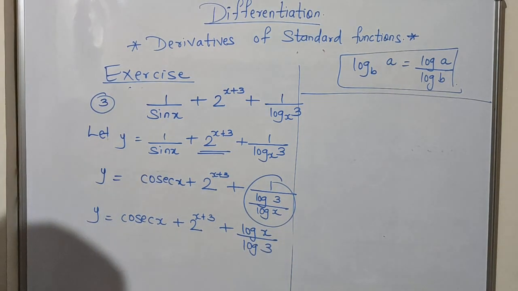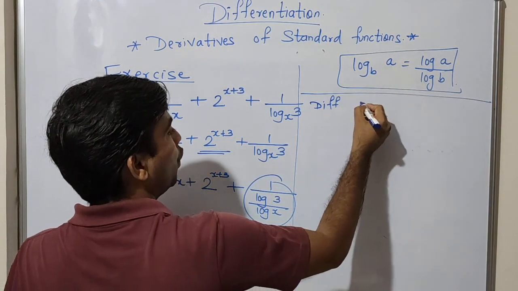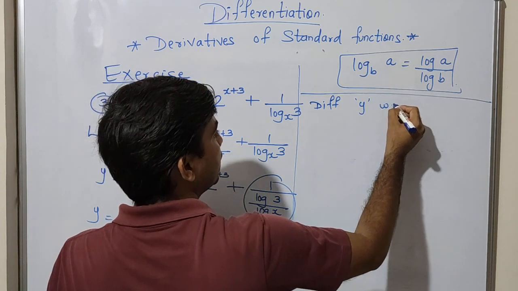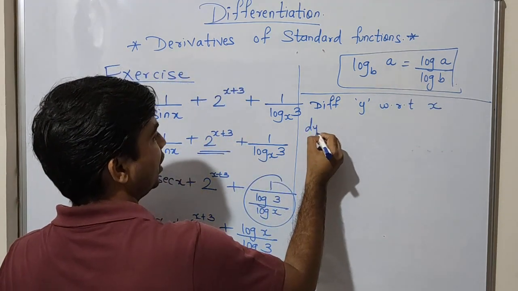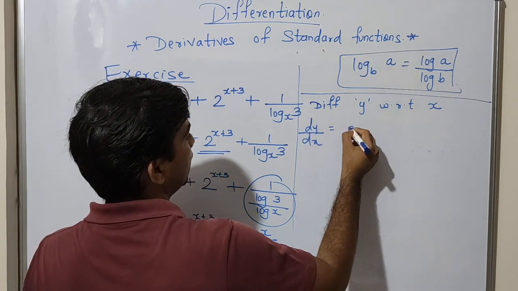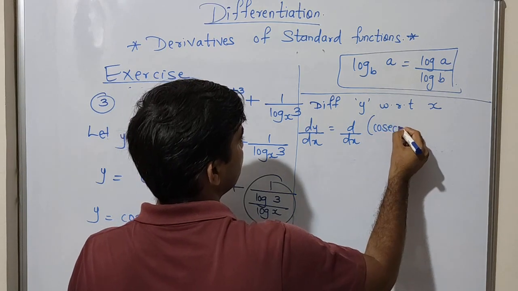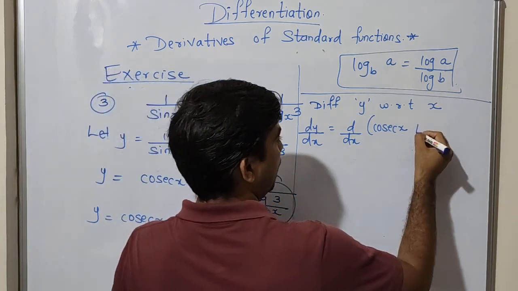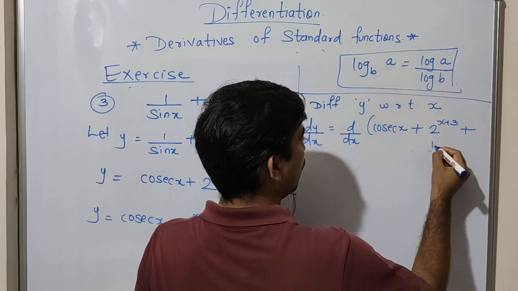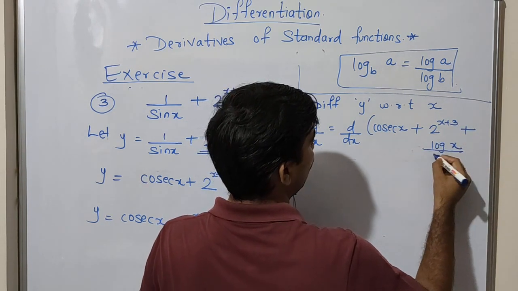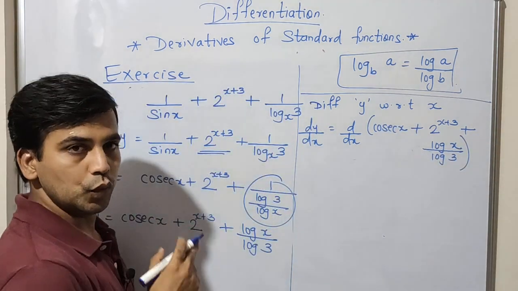Now we can begin with the differentiation. So differentiate y with respect to x. So dy by dx is the derivative of cosec x plus 2 raised to x plus 3 plus log of x on log of 3, bracket close, differentiating this with respect to x.